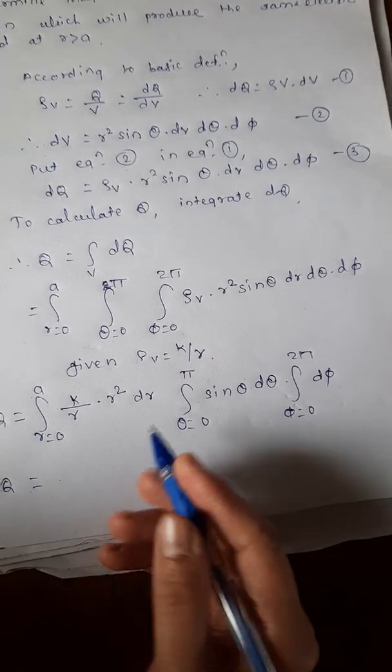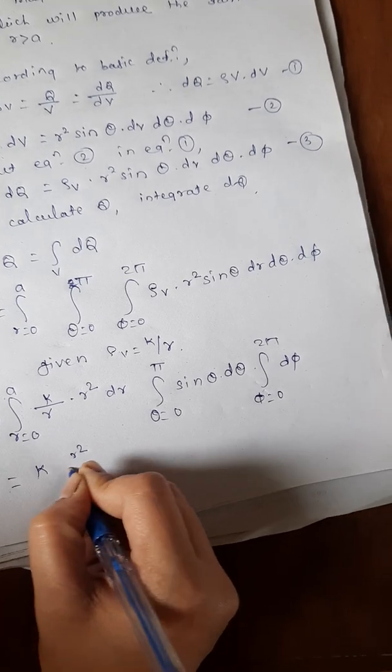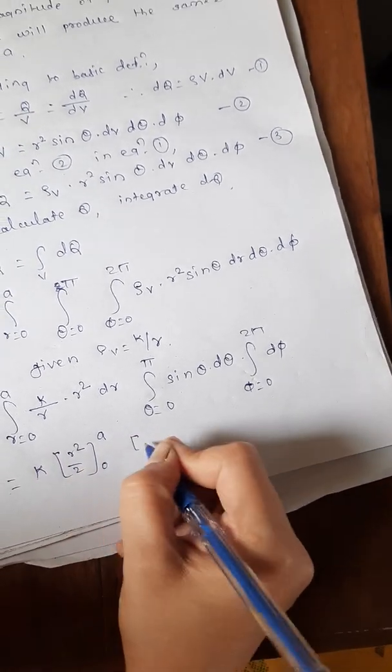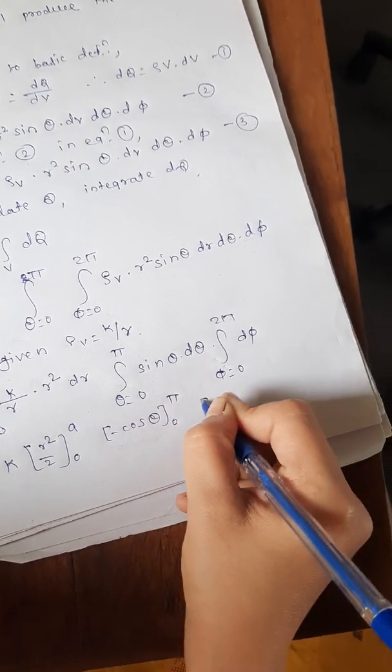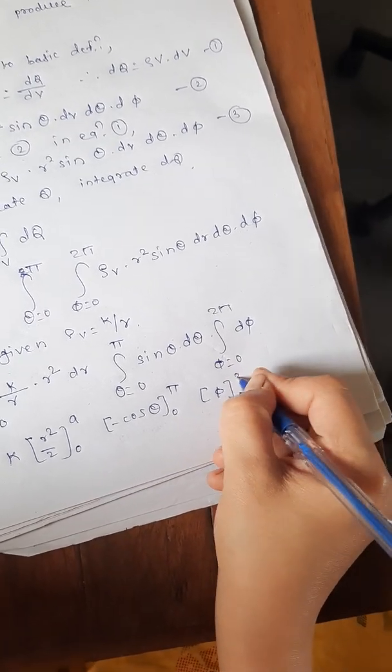Next we have to take the integration. K is constant, r square by 2 from 0 to a, minus cos theta from 0 to pi, and phi from 0 to 2 pi.